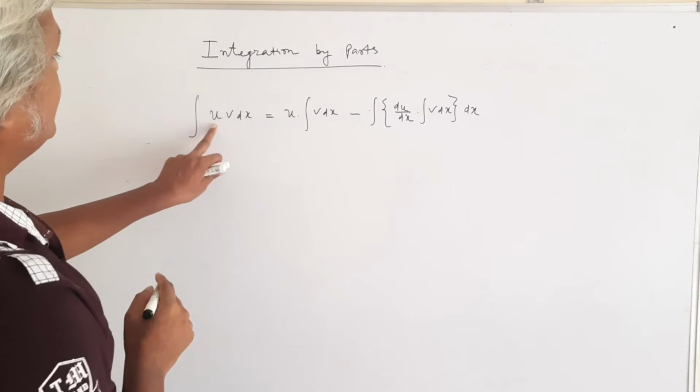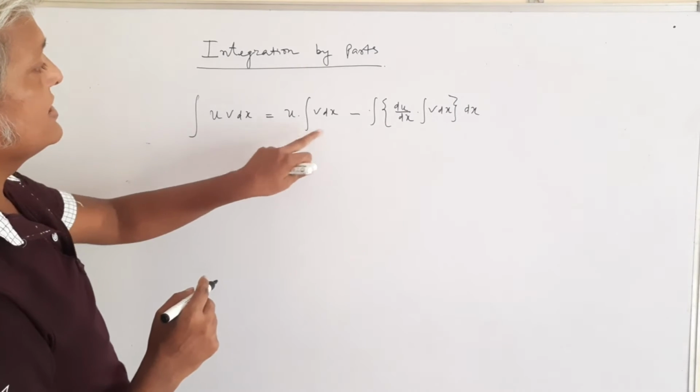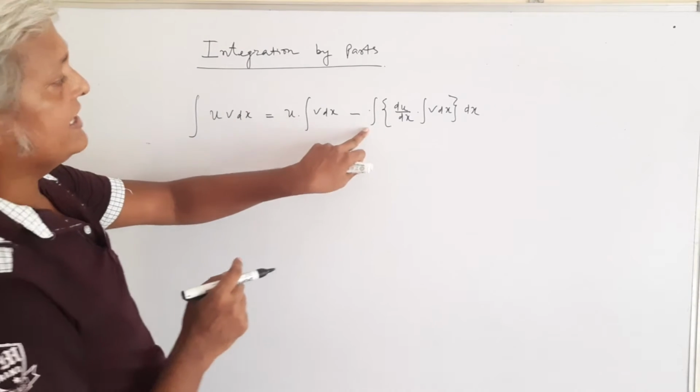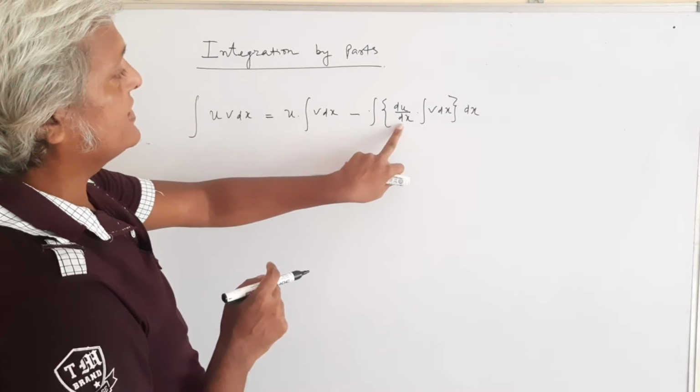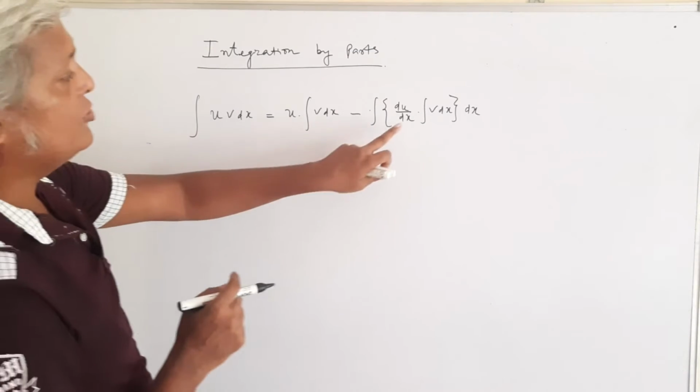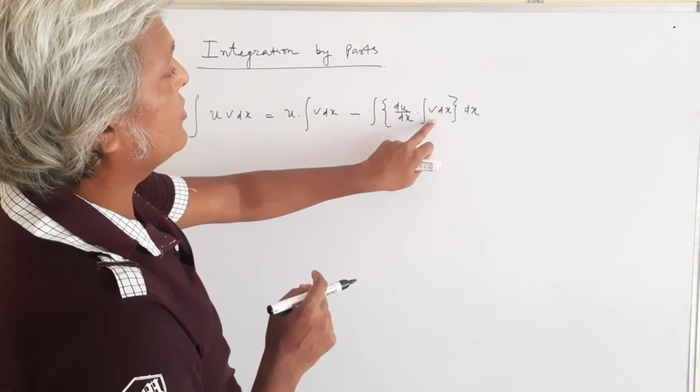So the integration of uv dx is u times the integration of v dx, minus the integration of the product of the differential of u, du by dx, into the integration of v dx.